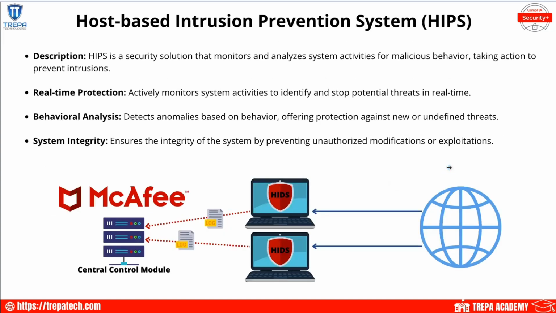Okay, and then our host-based intrusion prevention system. So kind of showing you how there can be blurred lines with this. HIPS is a security solution that monitors and analyzes system activities for malicious behavior, taking action to prevent intrusions. So HIDS and HIPS go a step further.